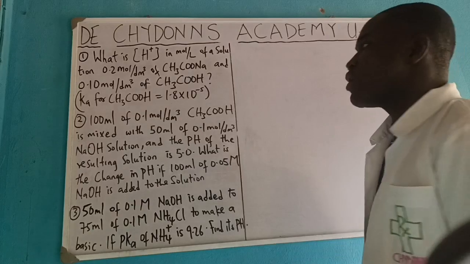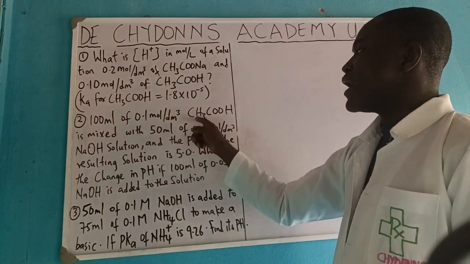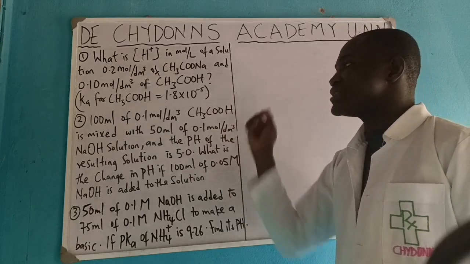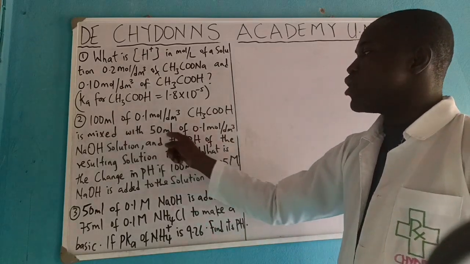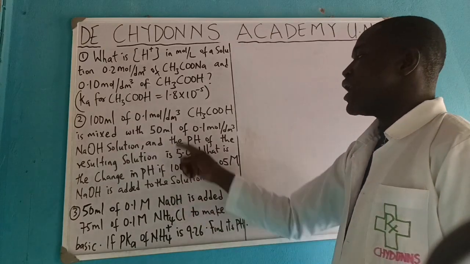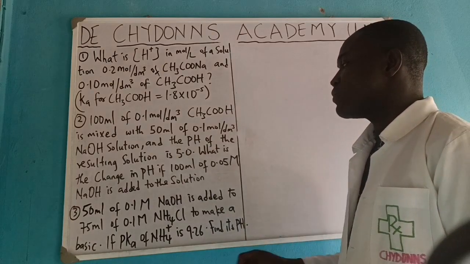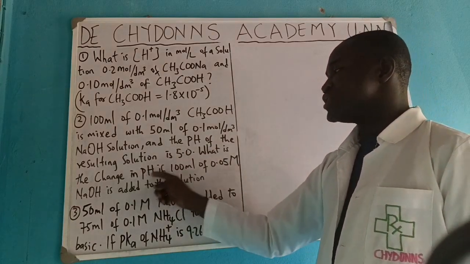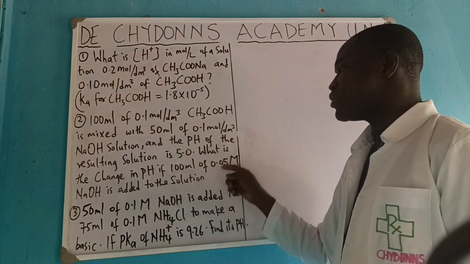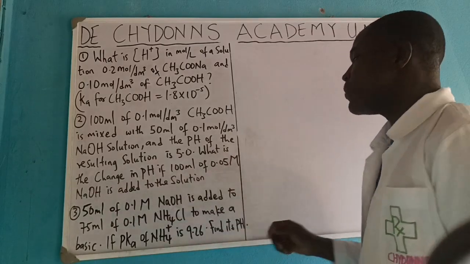To solve question number 2, 100 ml of 0.1 mole per dm cube ethanoic acid or acetic acid is mixed with 50 ml of 0.1 mole per dm cube sodium hydroxide solution, and the pH of this resulting solution is 5.0. What is the change in pH if 100 ml of 0.05 molar sodium hydroxide is added to the solution?